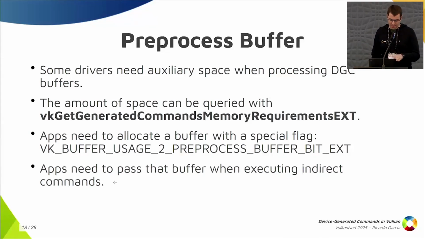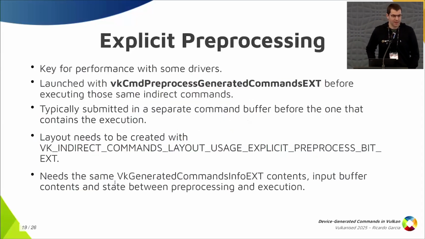You need to pass a special new buffer usage flag, which is the one you can see here. And once you have that buffer, you pass the address and you pass the size in the previous structure, and that's it.